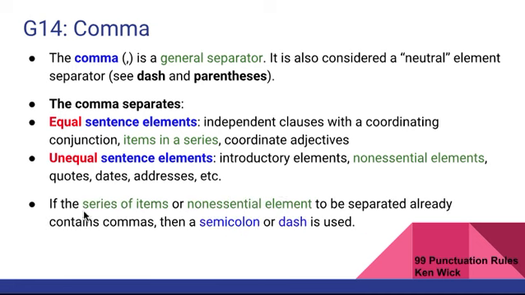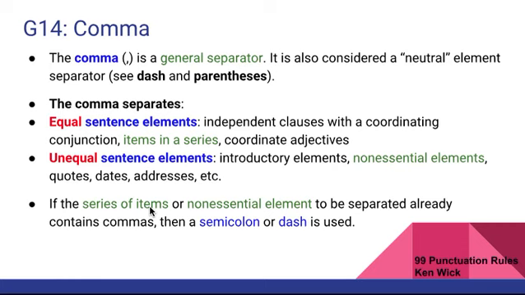And then just a passing comment, which we will cover later. The question could arise of, well, what happens when one of these elements already has commas? Where they most commonly appear in the equal and unequal sentence elements is in the items of a series. You can imagine items of a series is just like I went to the store and bought bread, milk, and eggs.